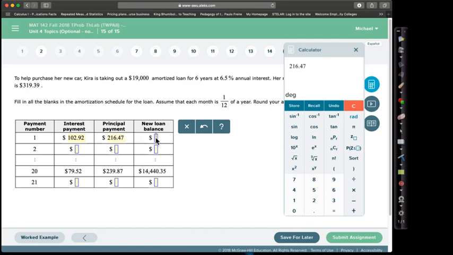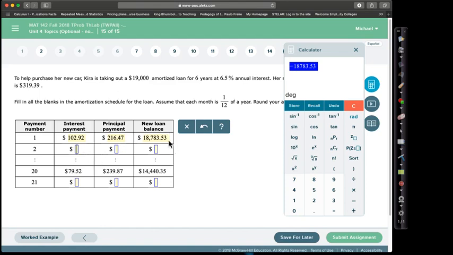Our new balance is the principal reduction subtracted from the balance, so 19,000 minus that. It's negative because we subtracted backwards, but the new balance is 18,783.53. There we go.